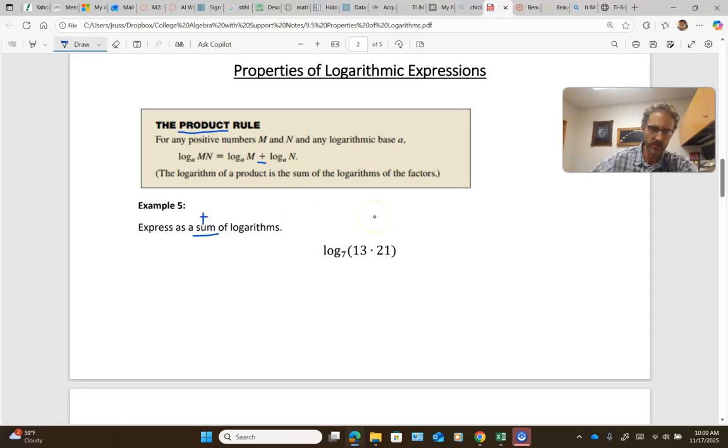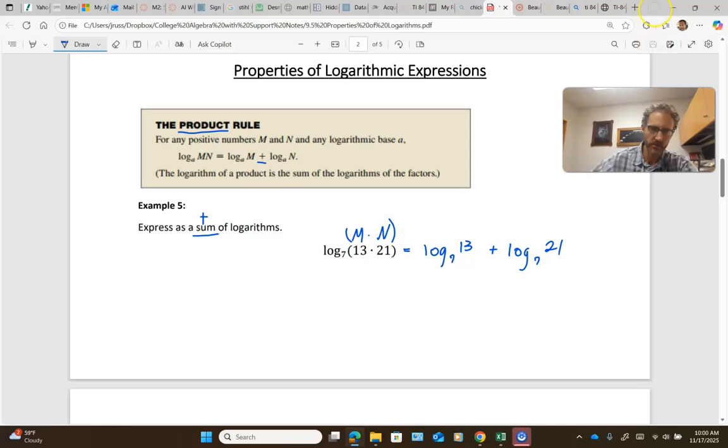Okay, so if I use this product rule up here, this is going to become log base 7 of my first factor. This is kind of like my m. And then the 21, or the second factor, is like my n. Okay. So this will become log base 7 of my first factor plus log base 7 of my second factor.